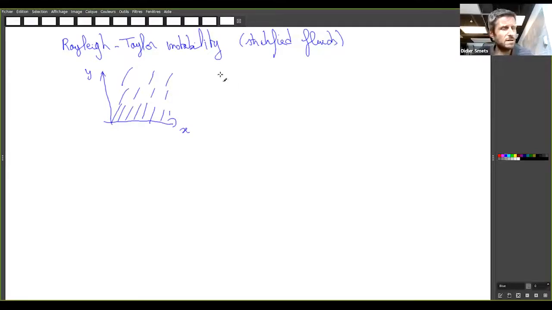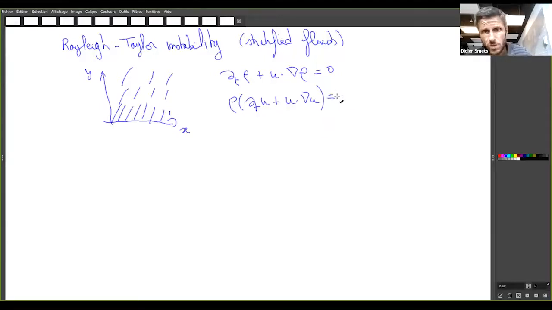Okay. So I couple the equation for the velocity with an equation for the density. So the fluid is still incompressible. There will still be the divergence-free condition, but now I have a density rho, which is transported by the flow. Okay, so equal to 0, and rho times dtu plus u grad u is equal to minus gradient of the pressure. And now I put also the gravitational force to get some interesting solutions.